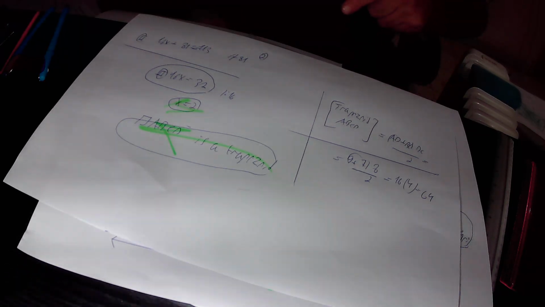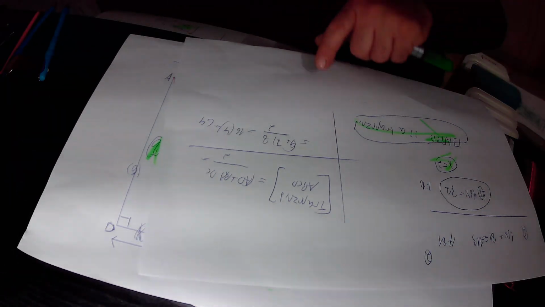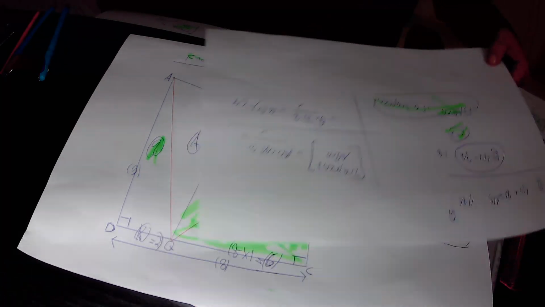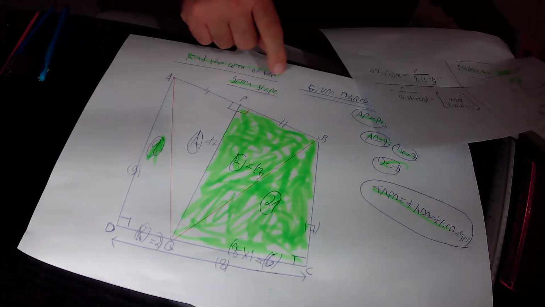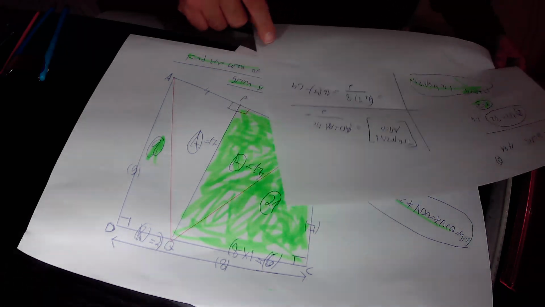So we found that the area of trapezoid ABCD equals AD, that is 9, plus BC, that is 7, divided by 2 times the DC.